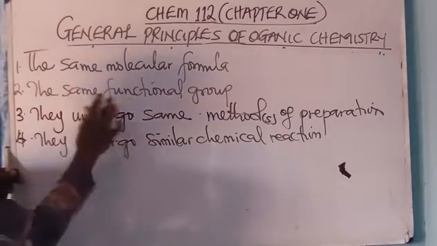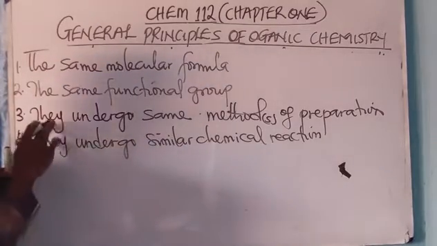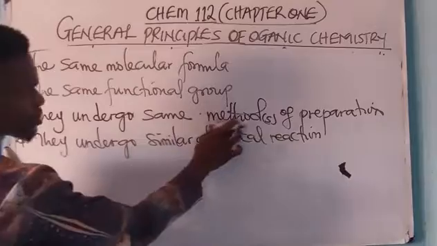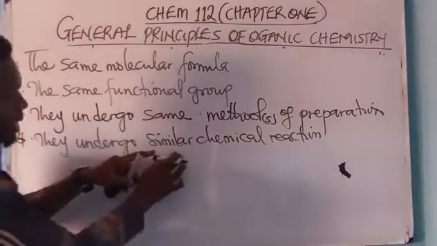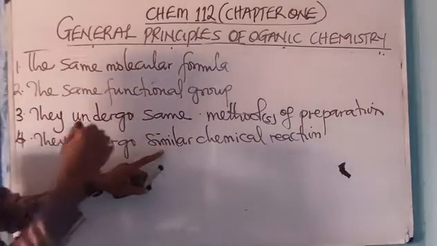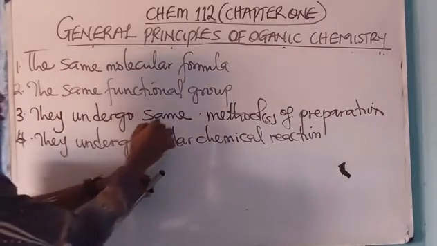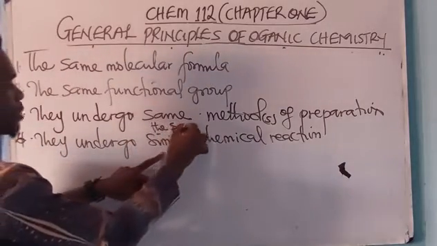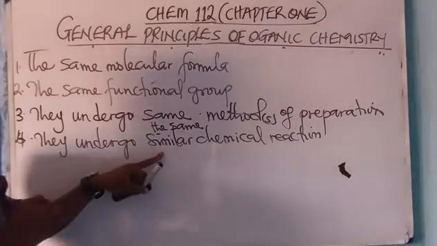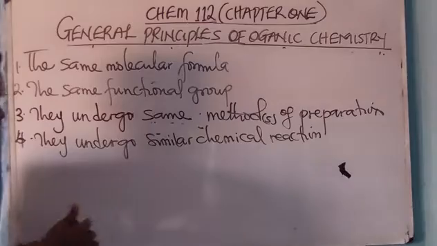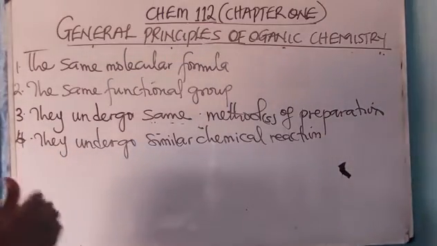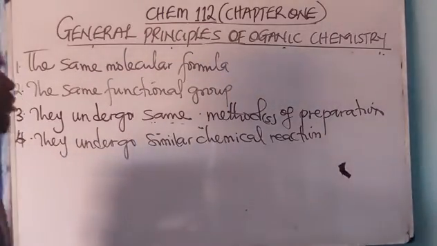They have the same functional group, actually correct. They undergo same methods of preparation, absolutely correct. They undergo similar chemical reaction. Now, if you want to confuse, they'll say they undergo the same chemical reaction. So which is not correct? The answer is D. They do not undergo the same chemical reaction. They undergo similar chemical reaction.